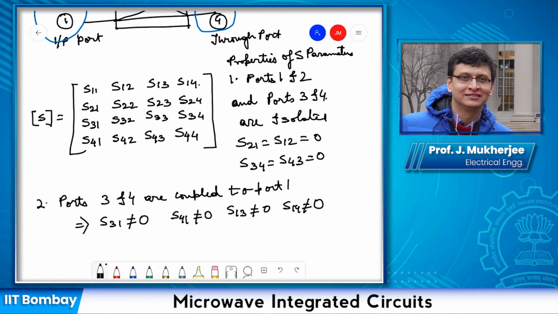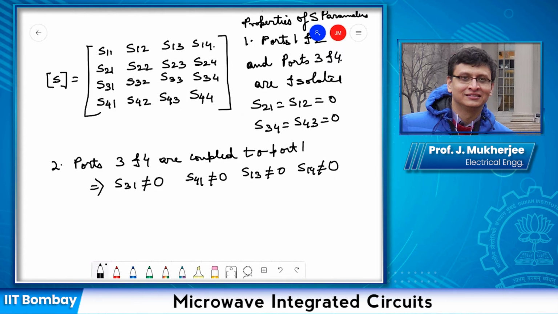The next property is that ports 1 and 2 are coupled to port 3.